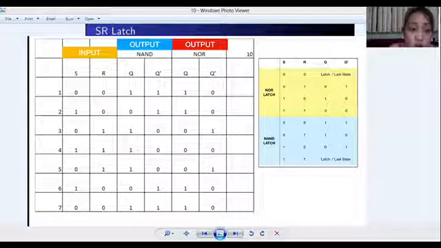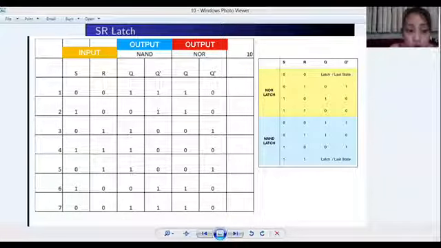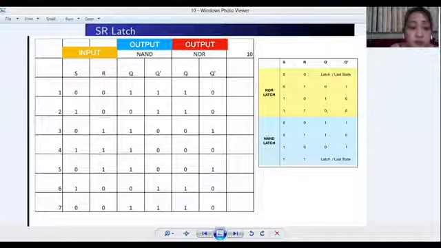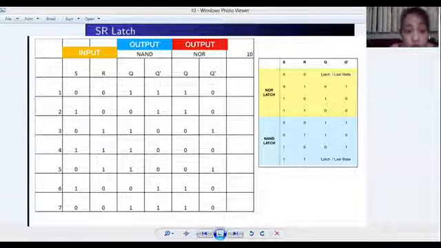Pag 1, 0, kailangan 0, 1. Pag 0, 1, 1, 0. Pag 1, 1, it should be the last state. So, ang last state ng fourth line natin is 1, 0. So, the output is 1, 0. Then, pag nag-0, 1 siya, back to 1, 0. Pag 1, 0, back to 0, 1. Pag 0, 0, mag-on ulit siya.